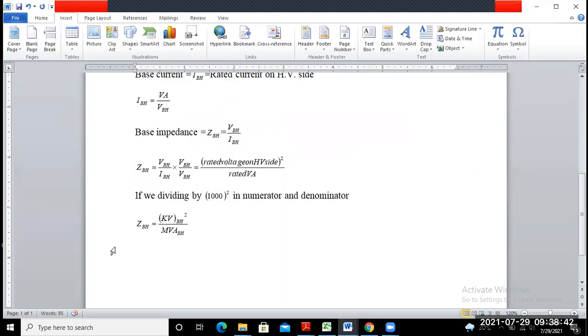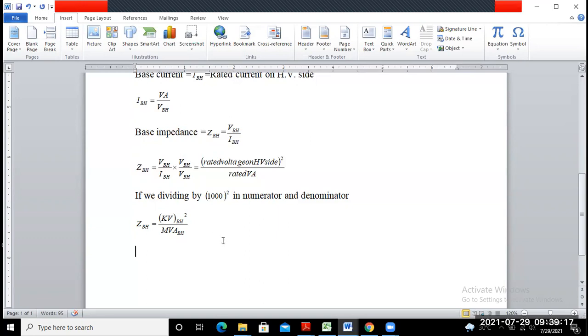Now we have already found the base impedance on the high voltage side of the transformer. So if any quantity of the high voltage side we want to express in per unit, that means the actual value divided by the base value on the high voltage side. We can write any quantity, that means either the resistance, reactance, or impedance value of the high voltage side, expressed in per unit.